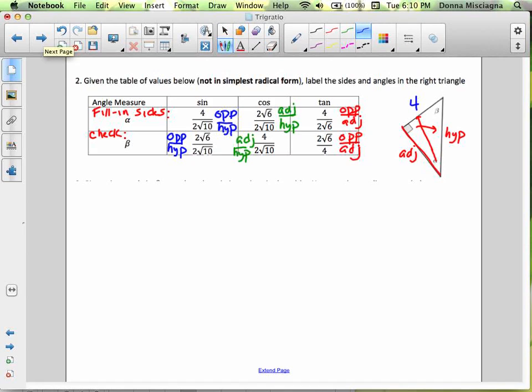The adjacent side, and I actually will do the hypotenuse next. The sine also gives us the hypotenuse. In the denominator of our sine ratio, we see 2 square roots of 10. Actually, let me write in the same color. I'll write these in blue as we're changing them.